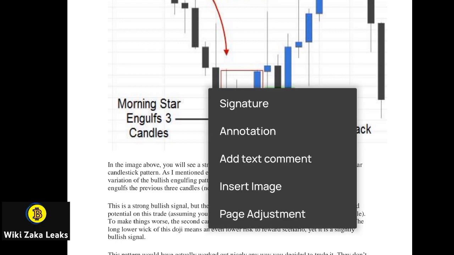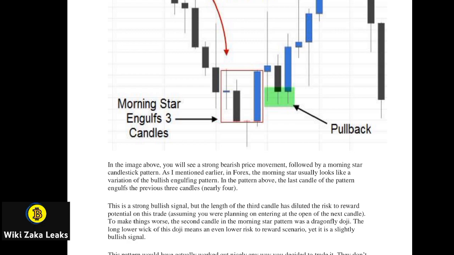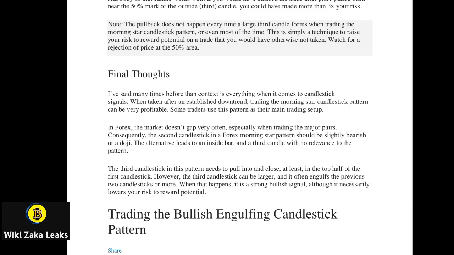This is a strong bullish signal, but the length of the third candle has diluted the risk to reward potential on this trade. To make things worse, the second candle in the morning star pattern was a dragonfly doji. The long lower wick of this doji means an even lower risk to reward scenario, yet it is a slightly bullish signal.